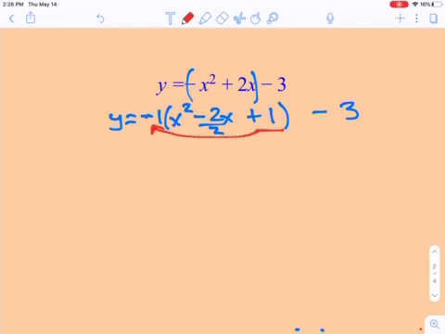So I've added a negative 1 onto this equation by doing this. In order to offset that, I have to actually add a positive 1. And then we'll expand this out so you can see what we did.